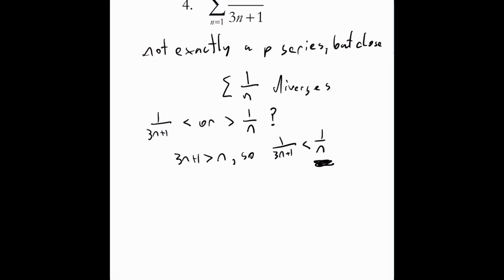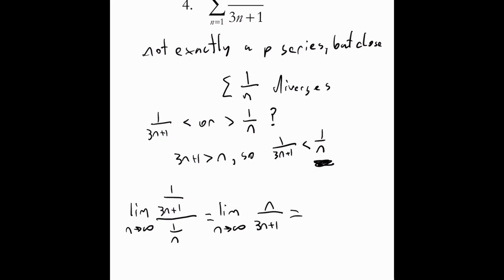Can we do the limit comparison test? So let's ask ourselves, what is the limit of these terms divided by these terms? Well, keep, change, flip. This turns into n over 3n plus 1.